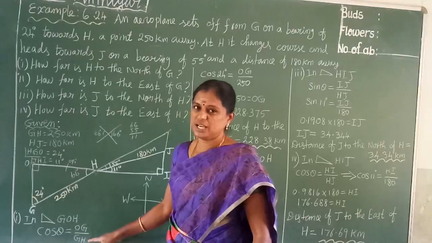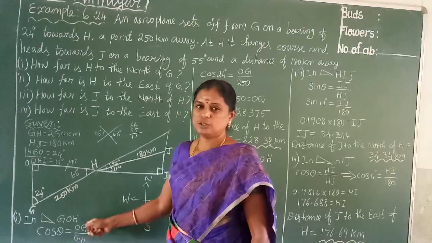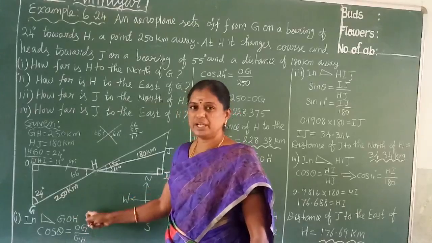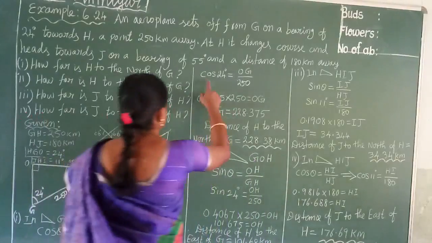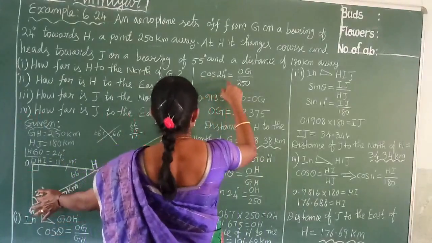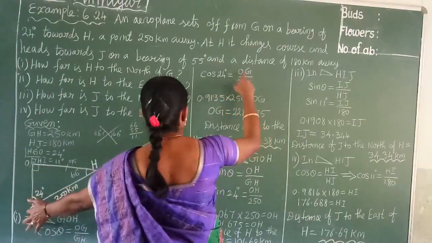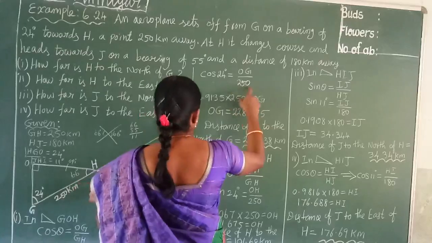Before, all questions were tan theta model. In this question cos theta comes, so take carefully. Clear? So cos theta is equal to OG by GH. Next, cos 24 degree is equal to OG by GH, 250.